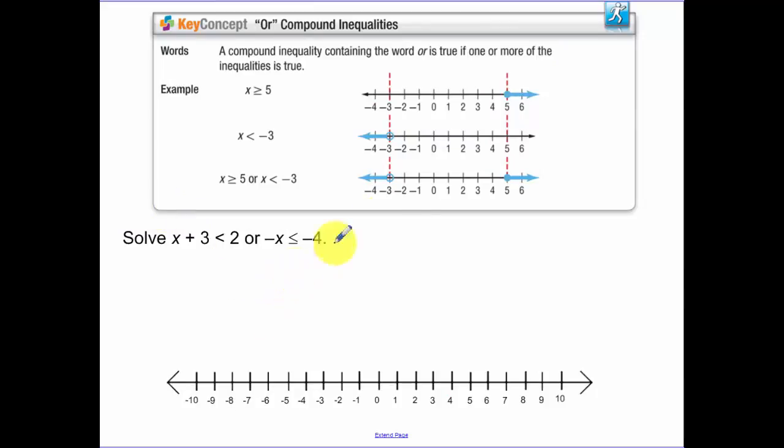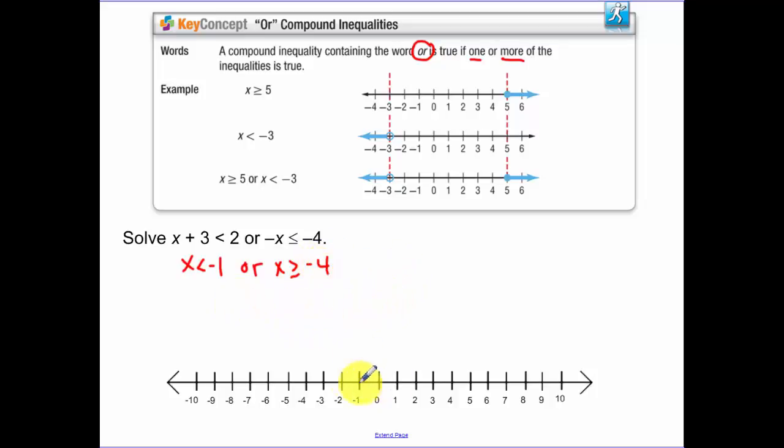Now with an or, when we have an or, one or more of them are true. So it's either this one is true or this one is true. When I subtract 3 from both sides, I get negative 1. Then I divide by a negative 1. Remember to switch your sign.